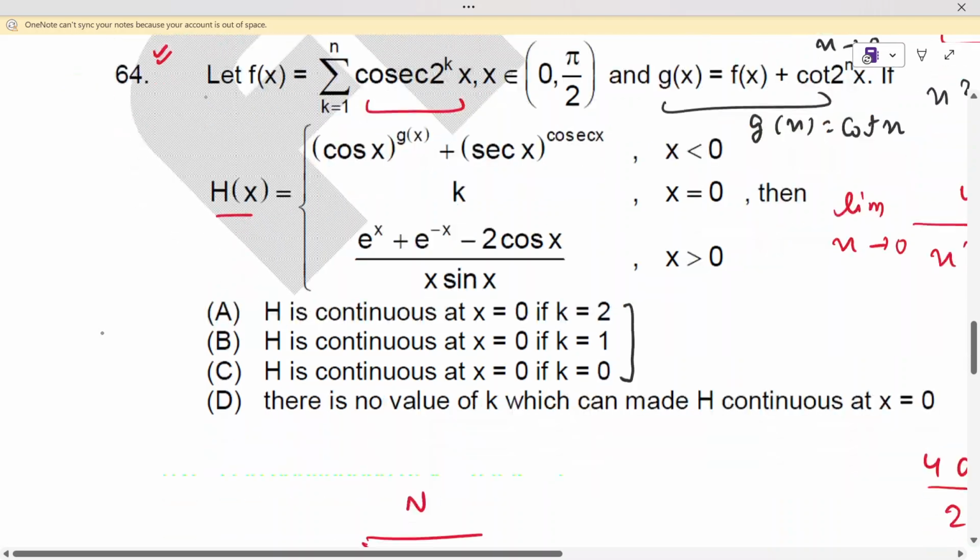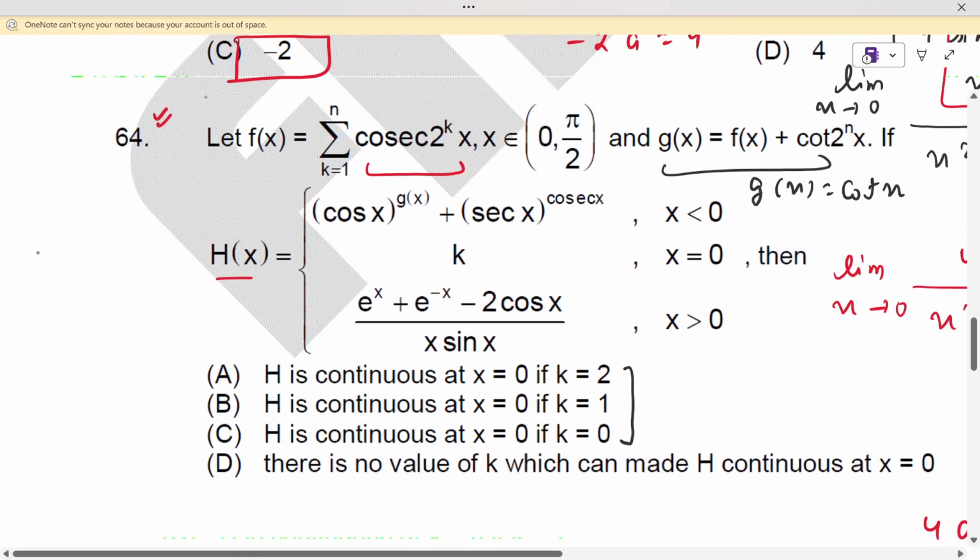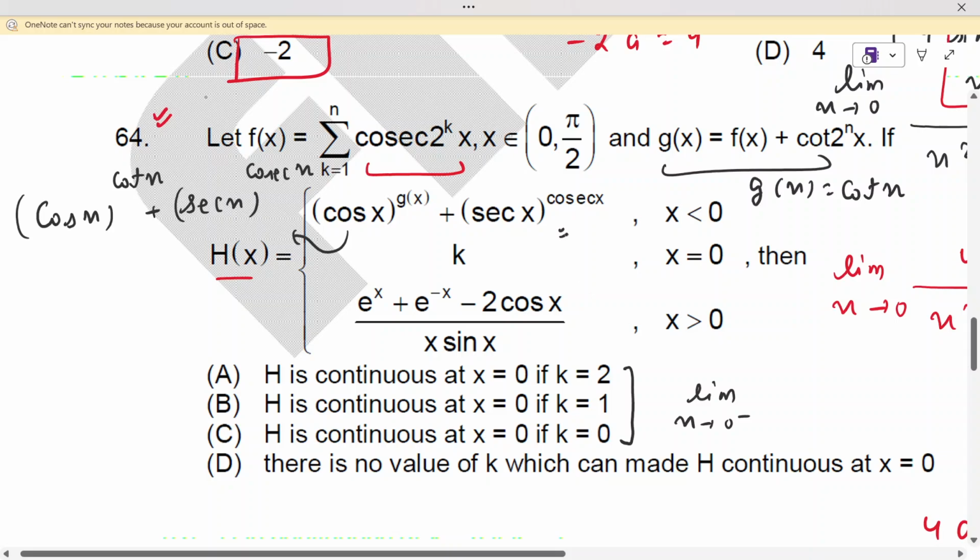So I can write (cos x)^(cot x) plus (sec x)^(cosec x), right? So this is our function. For the continuity of a function, the limit as x tends to 0 minus should match the functional value, right? So this limit and this limit should match. So let's try to solve each one by one.